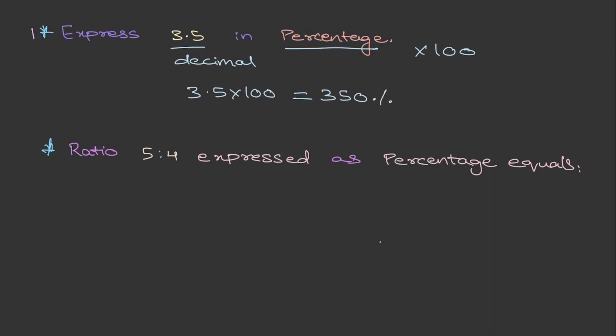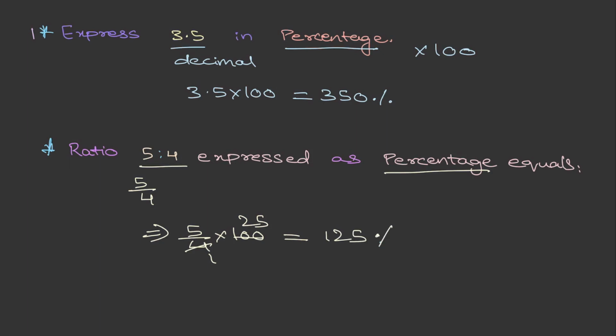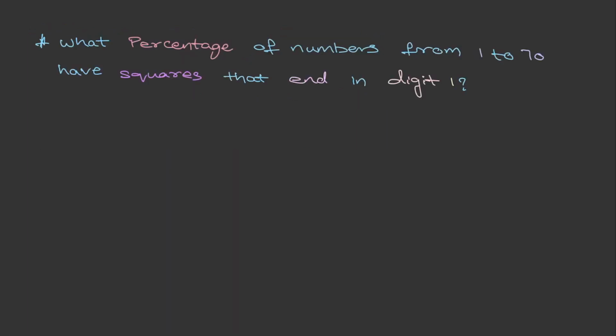And the next one, given a ratio 5:4, this can be written as 5 by 4, nothing but a fraction. And they're asking us to express in percentage. So even this, if multiplied by 100, gives us percentage. 4 ones are 4, 4 twenty-fives are 100, 25 fives are 125%.